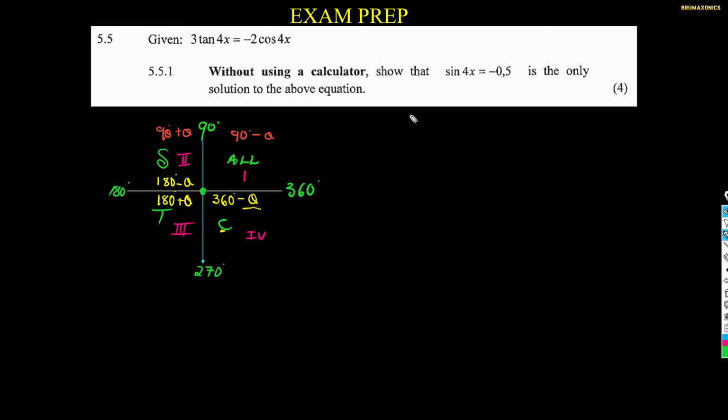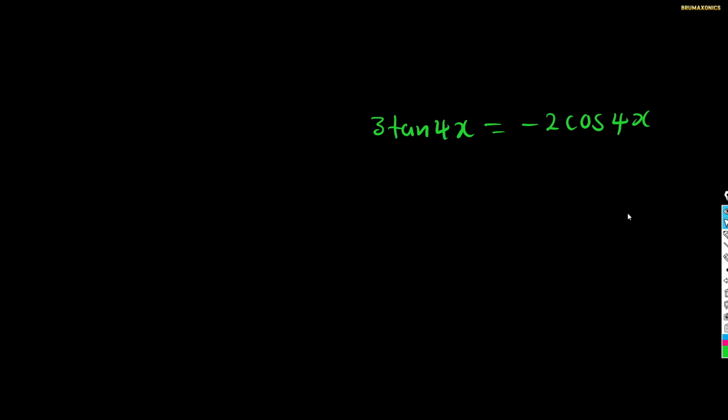Okay, so we have 3 tan 4x, which is equal to negative 2 cos 4x, right? So then we have to prove that this is equal to a half or negative half. So let's try to simplify it, right?